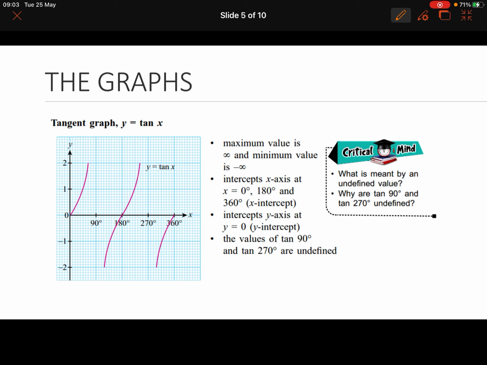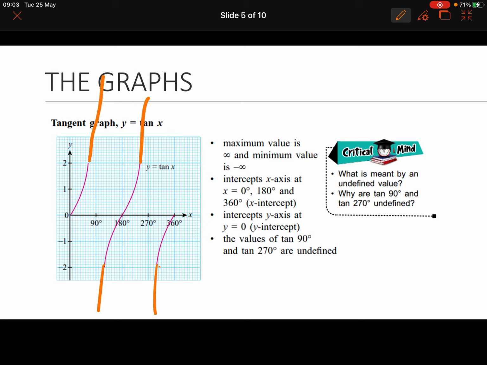From the graph here, we can't see the maximum value because the graph goes up and up, approaching positive infinity, and here approaching negative infinity down here. It intercepts the x-axis at x equals 0, 180, and 360, and the y-intercept is at y equals 0.